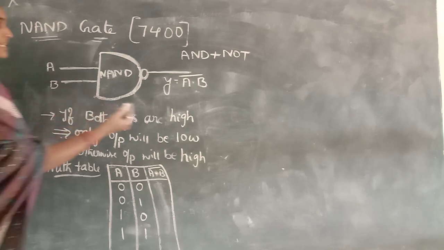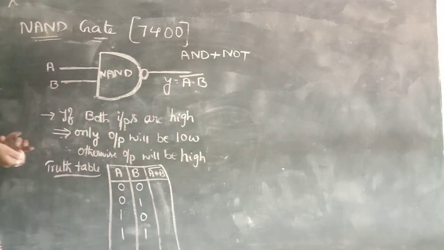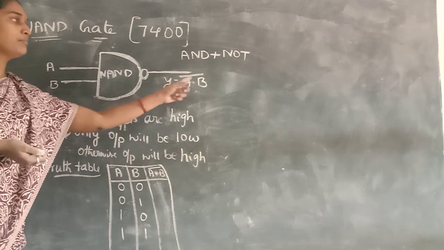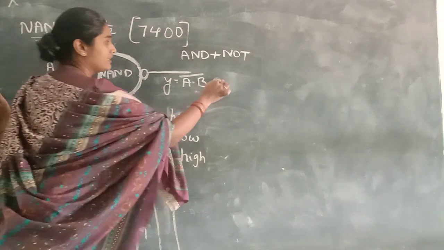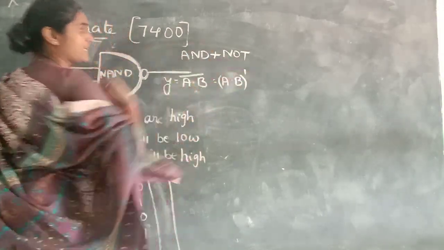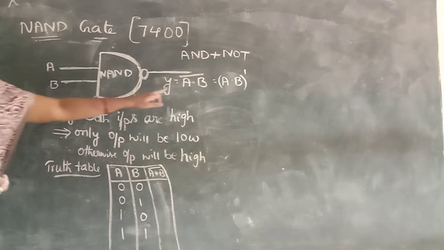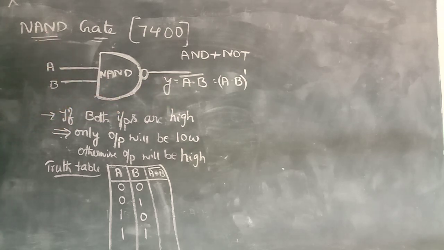So what is the logic of AND? A dot B, and the complement we consider as a bar. Sometimes you write it like this also, A dot B dash. That is nothing but a complement of the AND gate. That is the logic of the NAND gate.